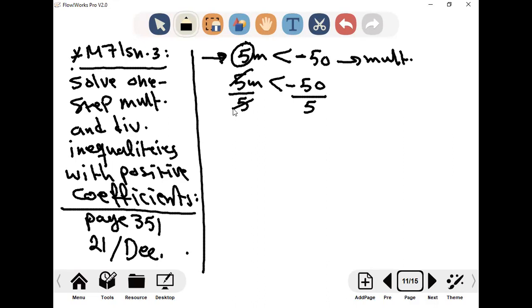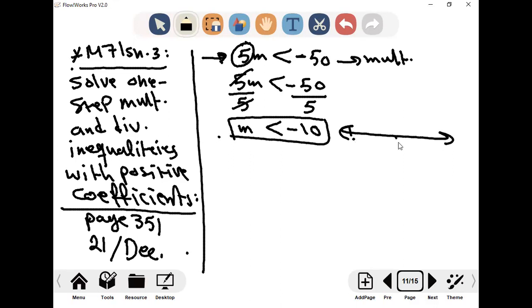So here is m less than negative 10. This is the solution, and we know how to graph it. This is negative 10, open circle, and m less than, we go to the left. This is the multiplication equation.